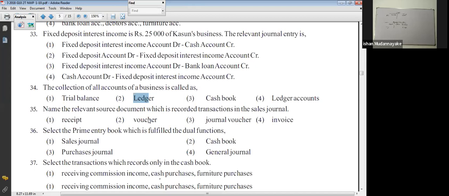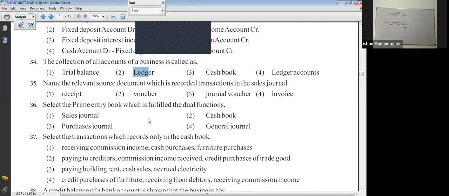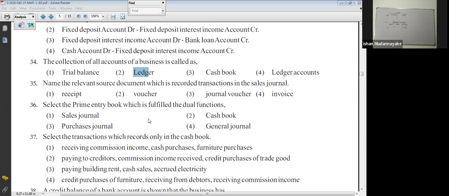Then go to page number 35. Right, Lamai, what's the answer?